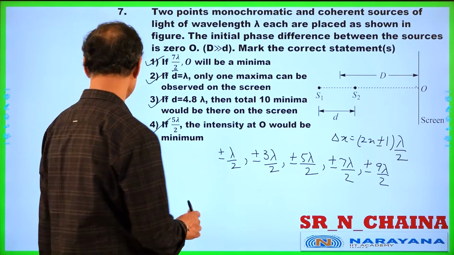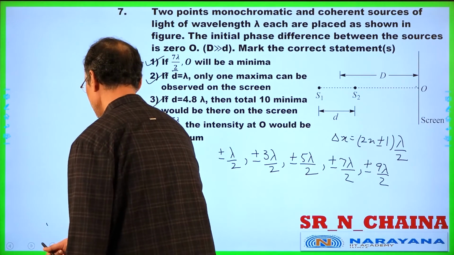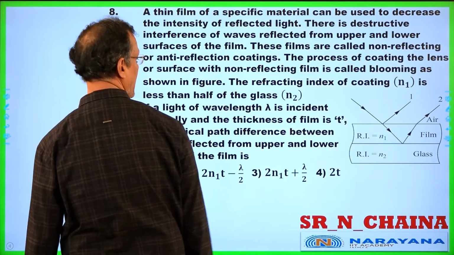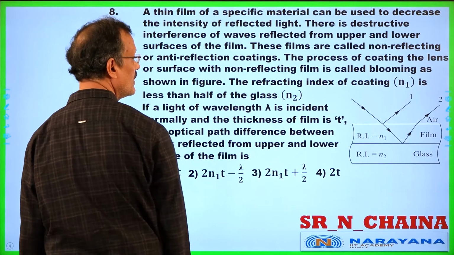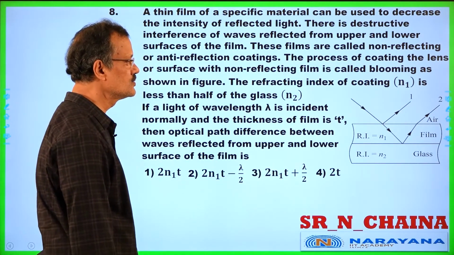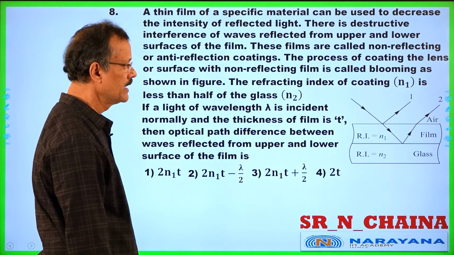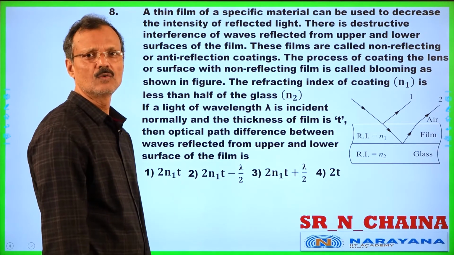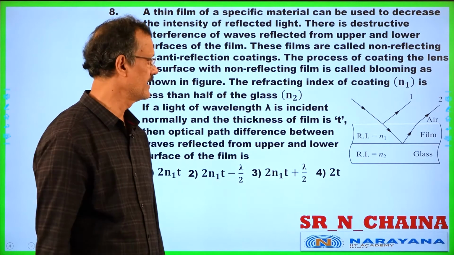Now I am moving to the next question, question number 8. See here, again it is interference due to thin film. Here you will only check how much phase change is occurring.